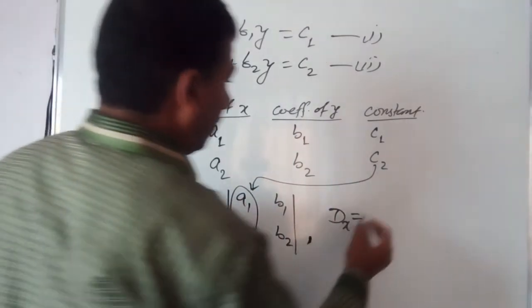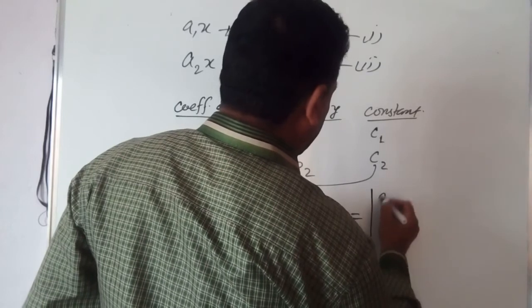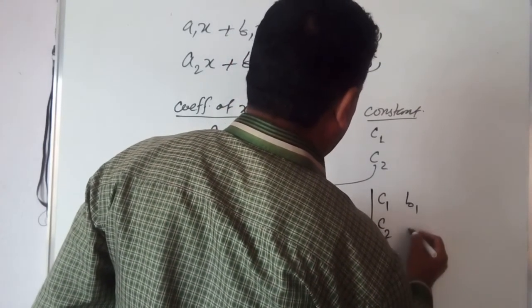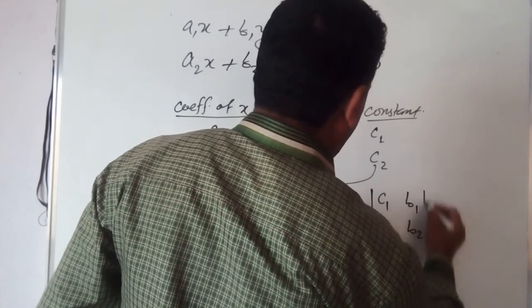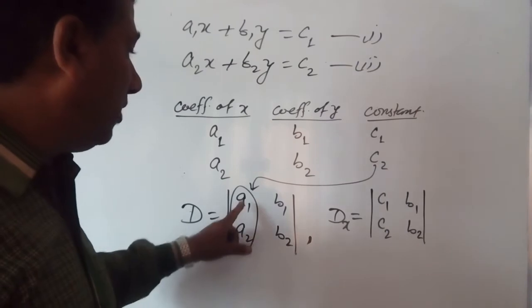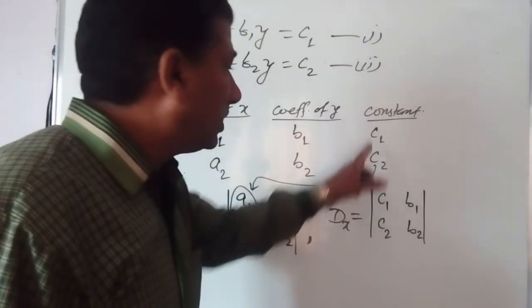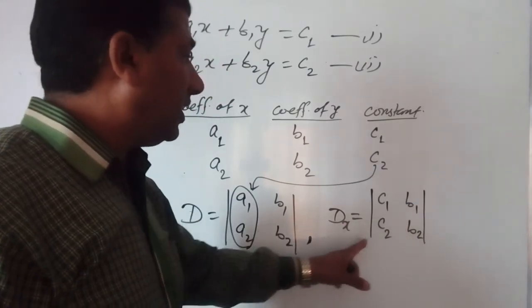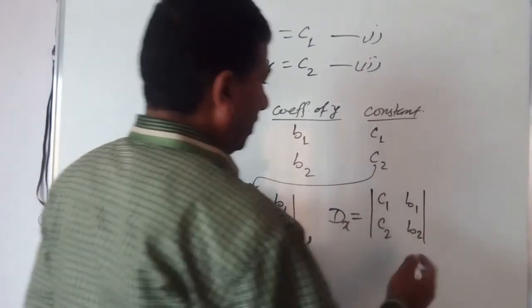See here, c1, c2, b1, b2. What we did, we replaced the coefficients of x, a1 a2, with c1 c2. The b1 b2 stay the same. That is Dx. And how to write Dy?